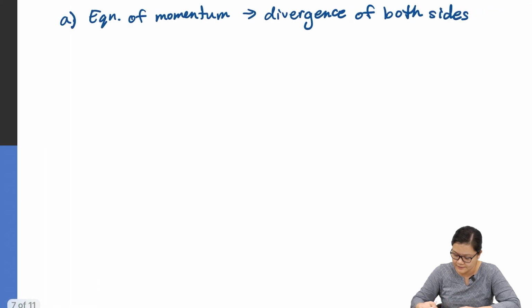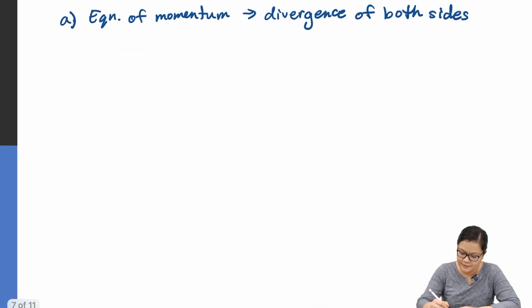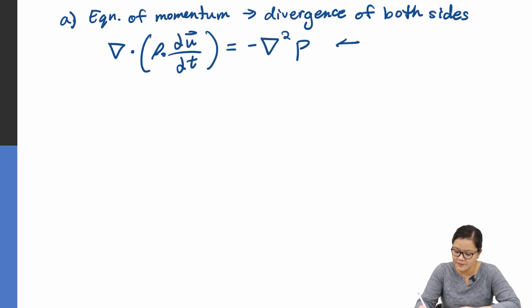And this is what we would get: divergence of rho naught partial derivative of the particle velocity over time equals negative the Laplacian of p. So we'll call this relationship our first equation.